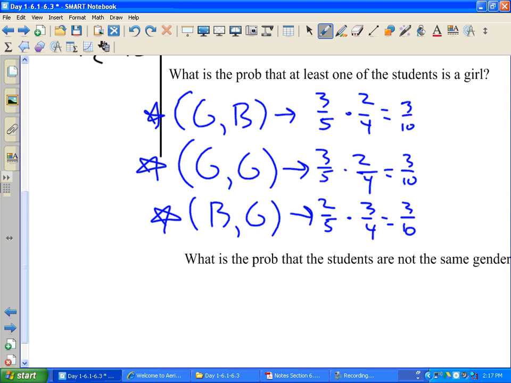When it's an or, what am I doing with those probabilities? What did you do earlier? Didn't you add them up? Okay. So it's 3/10 plus 3/10 plus 3/10, which is 9/10, which is 0.9. So the probability that you get at least a girl when you reach in and pull out 2 students is 0.9. It's going to happen pretty frequently.